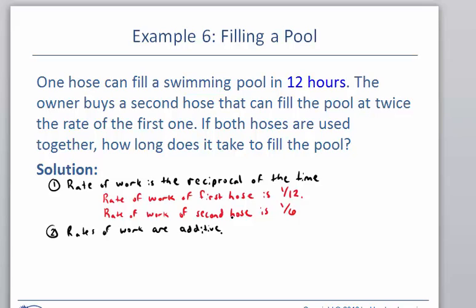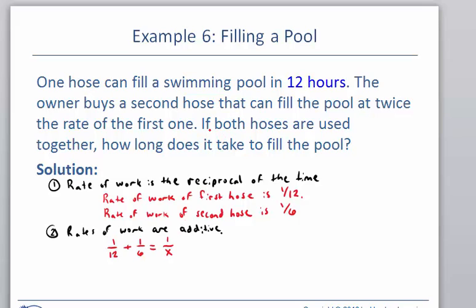So I can take the 1/12 and the 1/6 and add them together, and that is going to equal the combined rate of work. And so we're going to set that equal to 1/x.